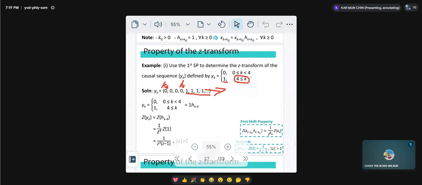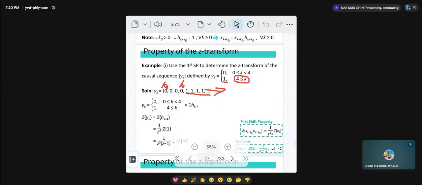So when you do the Z transform of y(k), it will be equivalent to Z of h(k minus 4). So why minus 4? Because of this, the k terms.